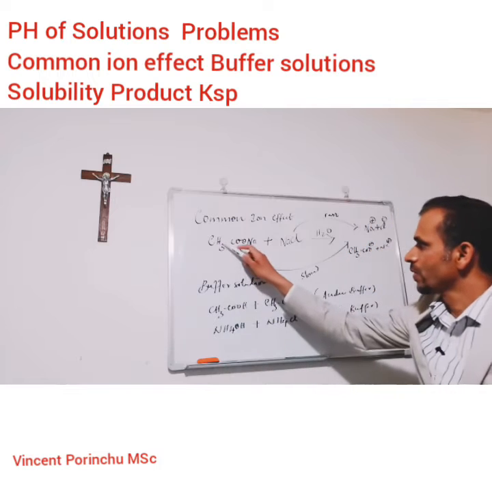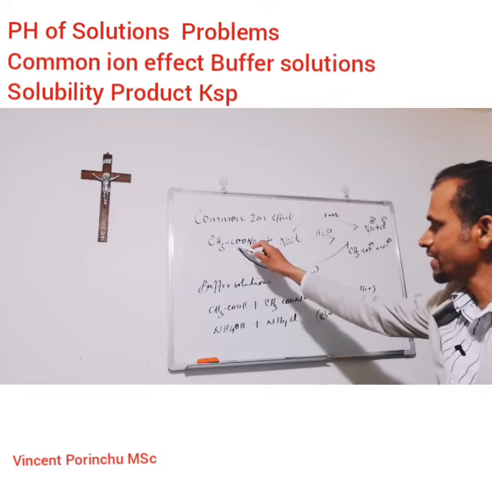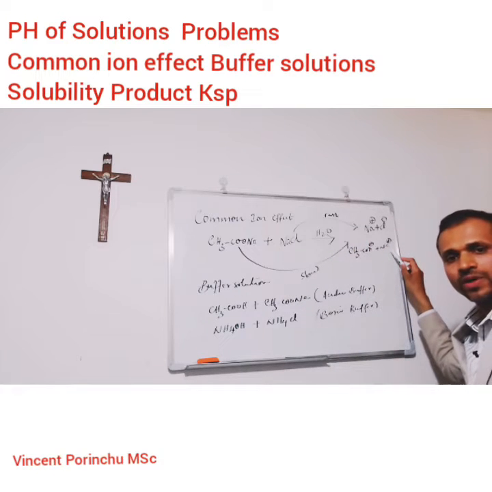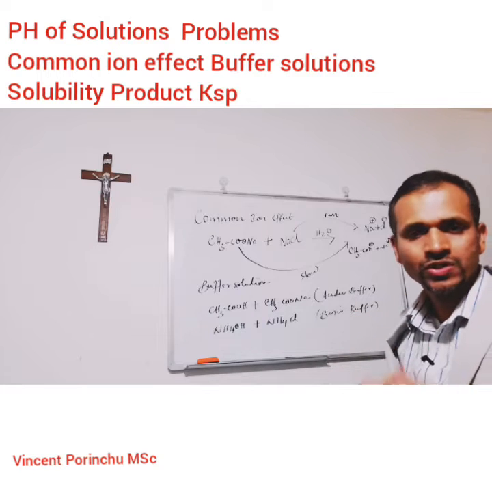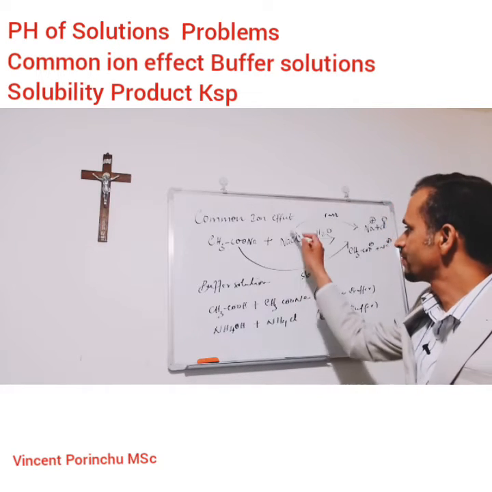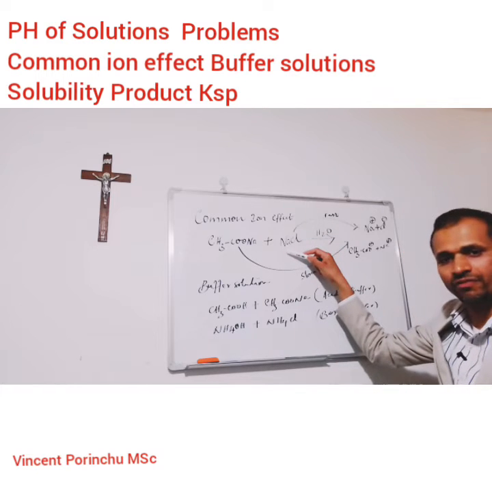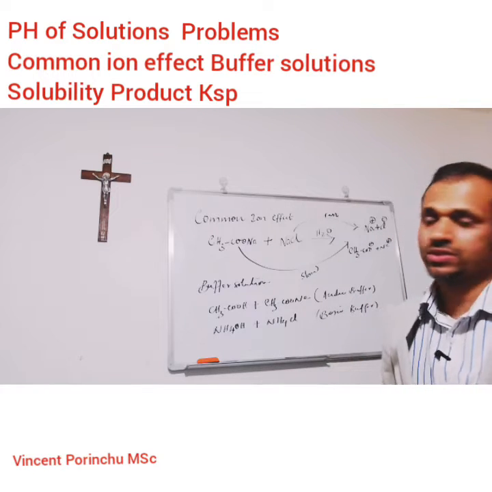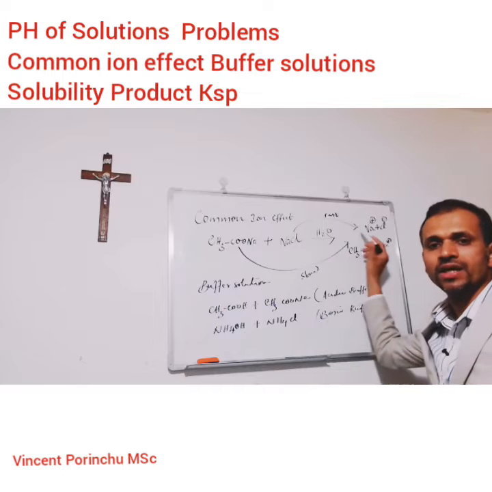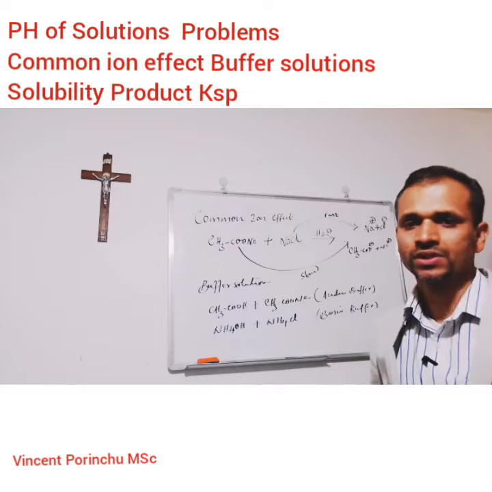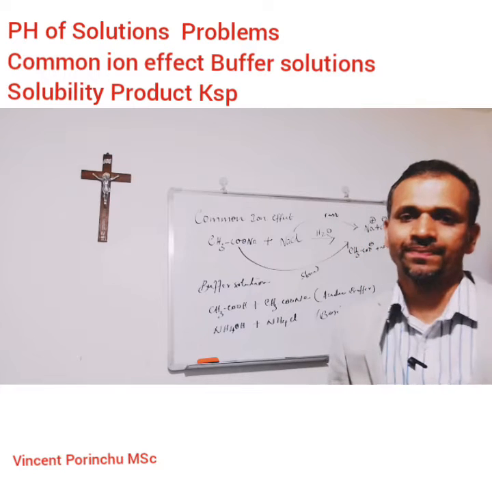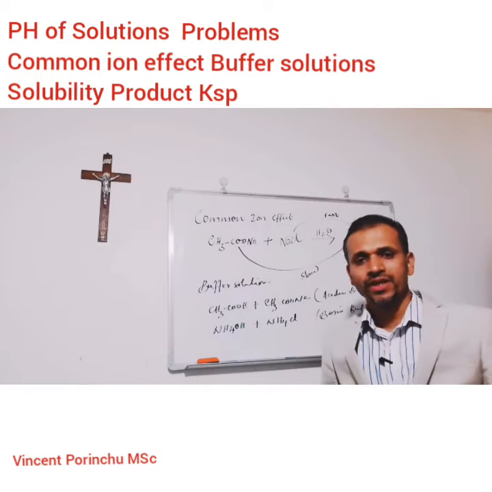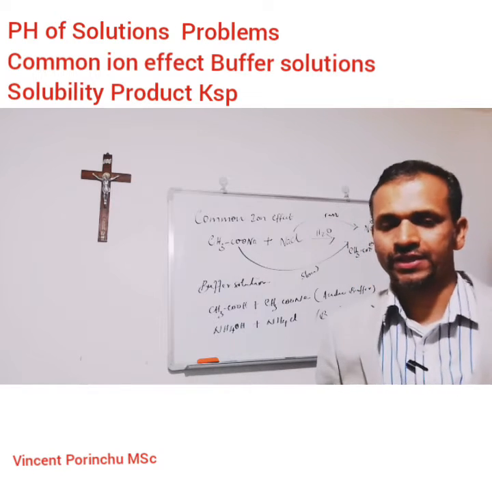Here, the ionization of sodium acetate into acetate ion plus sodium ion will generally be very slow. But if we add sodium chloride, a strong electrolyte, it easily forms Na positive plus Cl negative ion. You can also add sodium hydroxide, in which case we get Na positive plus OH negative. This effect is known as the common ion effect.